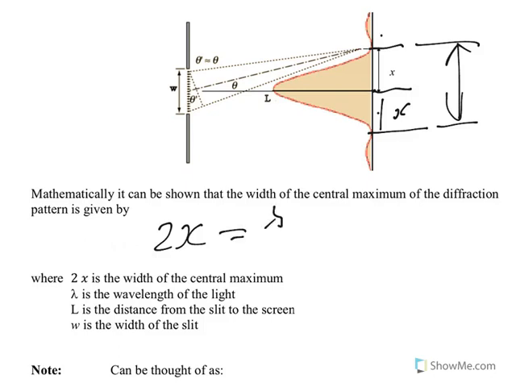It depends on the wavelength, and how far away the screen is from our gap, that distance there, over the width of our gap. Alright, so then it says, note, this can be thought of as, I haven't left myself much room there, so I'll go over to the next page.